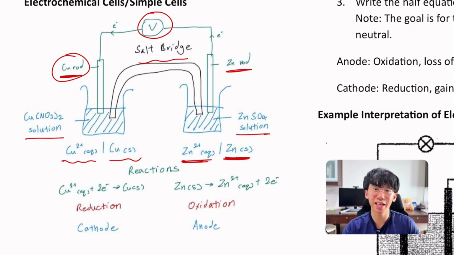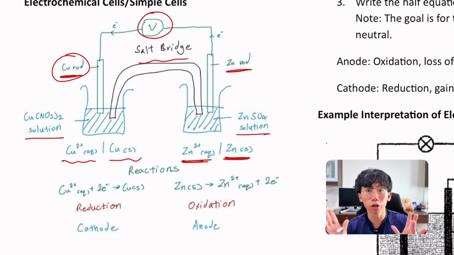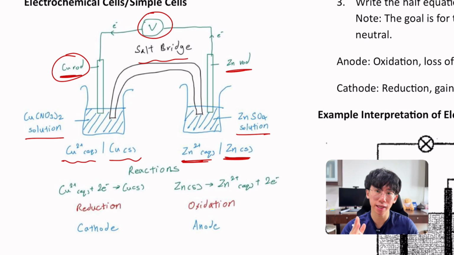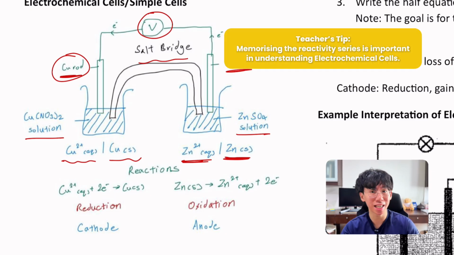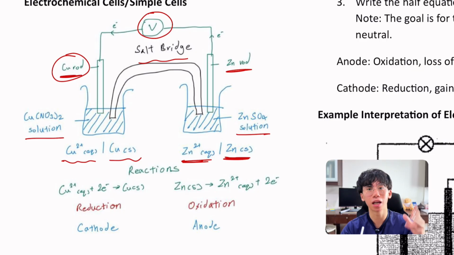What we're doing is actually capitalizing on the potential difference between both chemical reactions. The potential difference, or the reading on the voltmeter, will be determined by the difference in reactivity between these two metals. If you refer to our reactivity series chapter, we know that zinc is more reactive than copper.